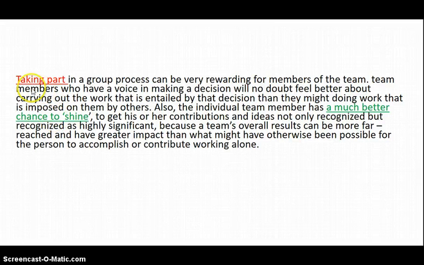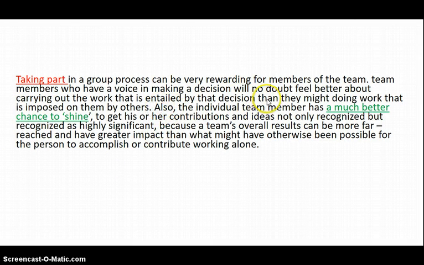The final paragraph is: taking part in a group process can be very rewarding for members of the team. Team members who have a voice in making a decision will no doubt feel better about carrying out the work that is entailed by that decision than they might doing work that is imposed on them by others.